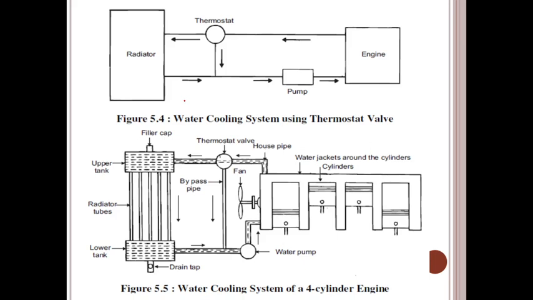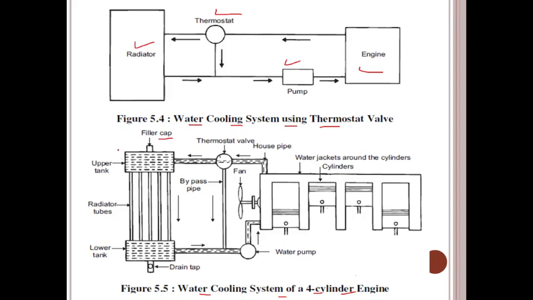In this diagram, the water cooling system uses thermostat valves. Let us discuss how it works. You see here the water cooling system for a 4-cylinder engine. This is the radiator, this is the thermostat, this is the pump and this is the engine.